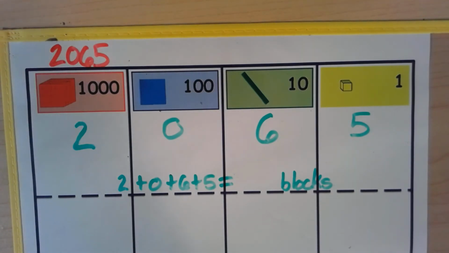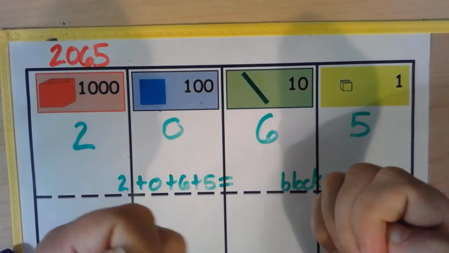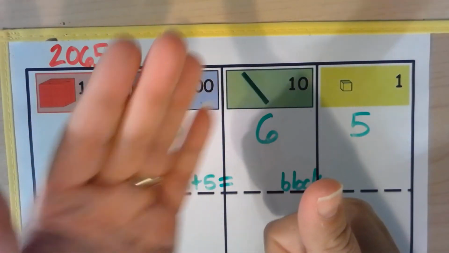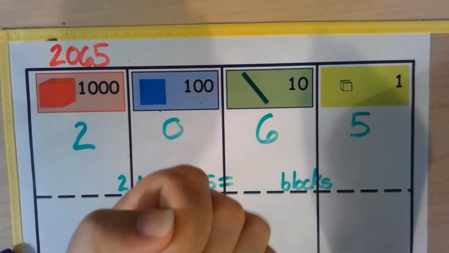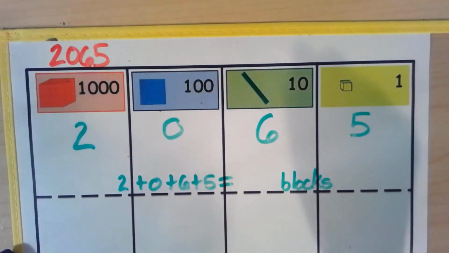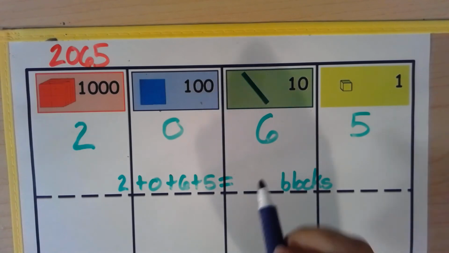It's okay if you want to use your fingers. So if we start with 2, we go 1, 2, and then add 6. 2, 3, 4, 5, 6, 7, 8, and then add 5: 9, 10, 11, 12, 13. So 13 blocks.